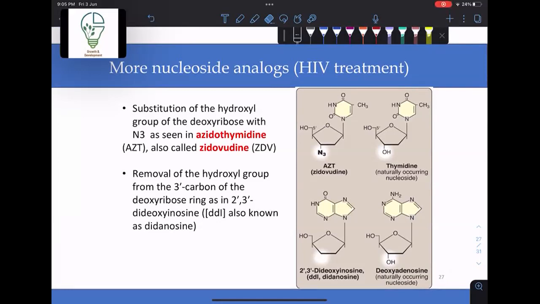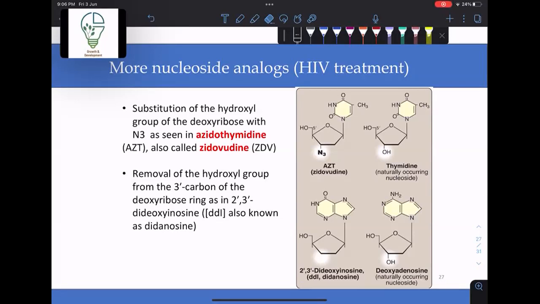azithromycin and zidovudine. These two drugs are basically copycats or nucleoside analogs of the actual nucleosides, but they're not the nucleosides that are produced in the virus itself. They just look like it. They're just the copycat version. And their function is to essentially stop the DNA replication.